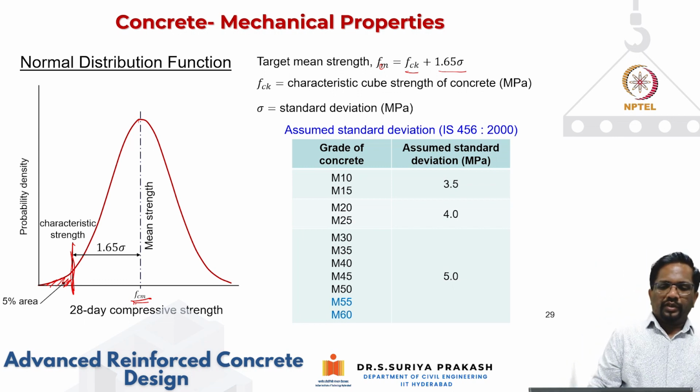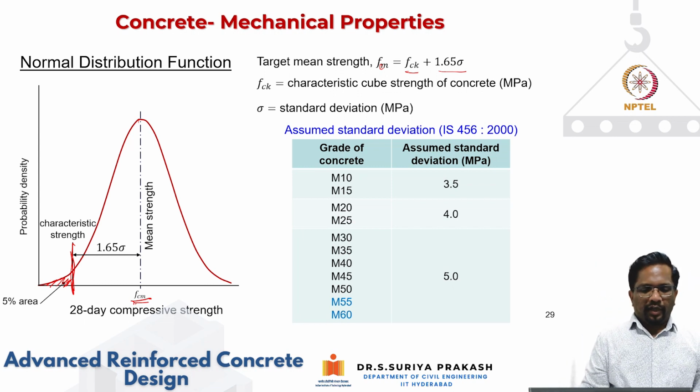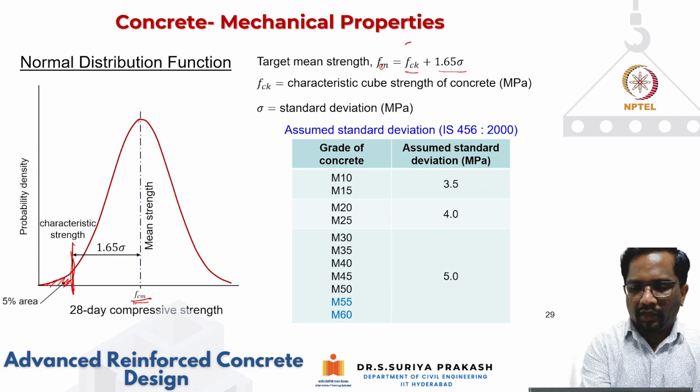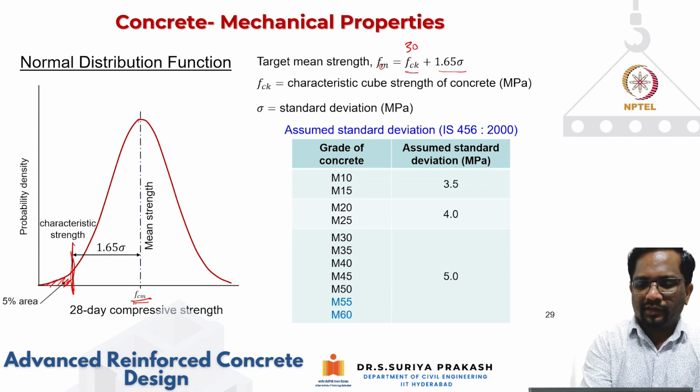So if I want to design for a 30 megapascal concrete, what should be my target mean strength? It should be the characteristic strength 30 plus 1.65 times sigma, and sigma for 30 megapascal in the code is given as 5.